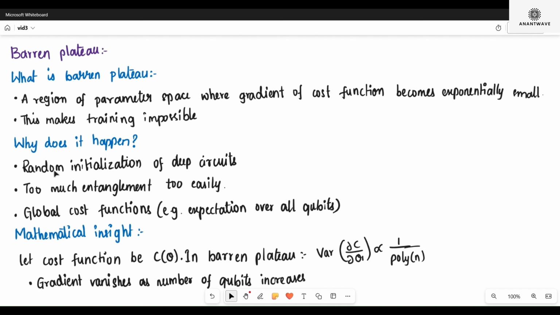It can happen due to random initialization of deep circuits, too much entanglement too easily, and global cost functions, for example, expectation over all qubits. Let's see the mathematical insight. Let the cost function be C of theta. In a barren plateau, the derivative of C with respect to theta 1 will be inversely proportional to the number of qubits. That means the gradient vanishes as the number of qubits increases.